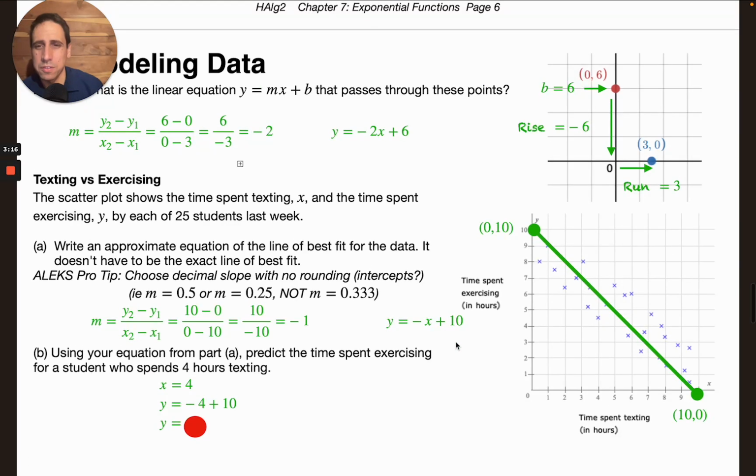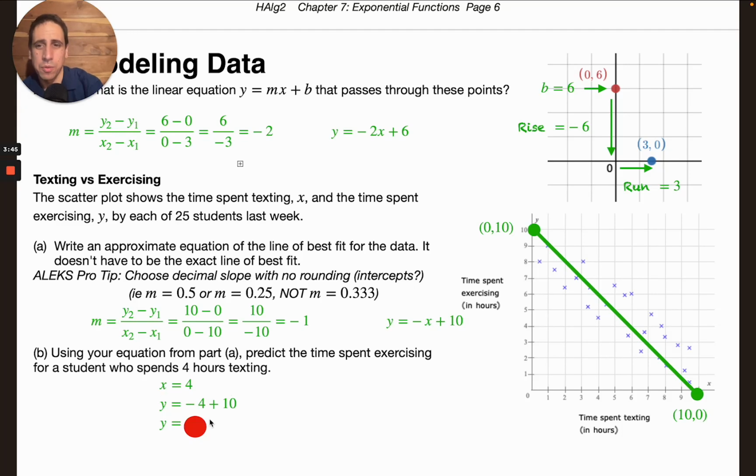Part B, use your equation from part A to predict the time spent exercising for a student who spends 4 hours texting. Well, because I made my life a bit more computationally easy, we can put this in y equals -x plus 10. It would not be terrible to have to try y equals -7/6 x, it's just a lot easier with -1x plus 10 from an Alex standpoint.